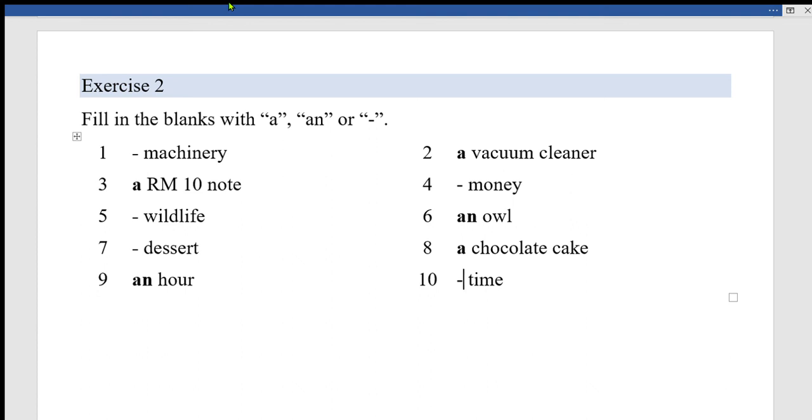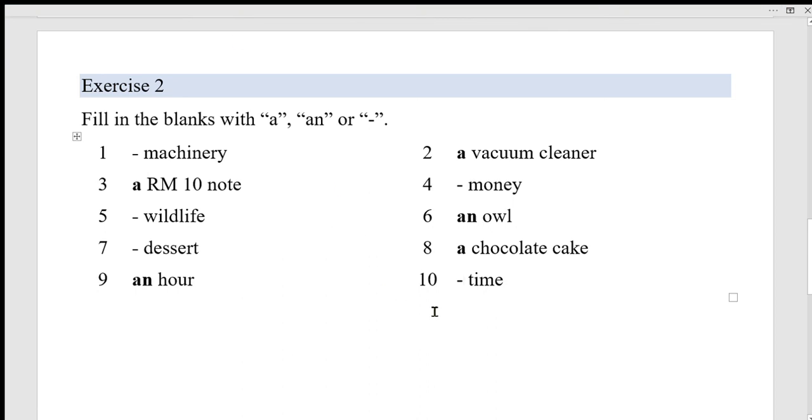Masa boleh dibahagi kepada hour, minutes, seconds, milliseconds, and so on, right? So for the examples of time, we can count. We can say an hour, 2 hours, a minute, 2 minutes, but we cannot say a time, 2 time. It has to be uncountable because it's an umbrella term.